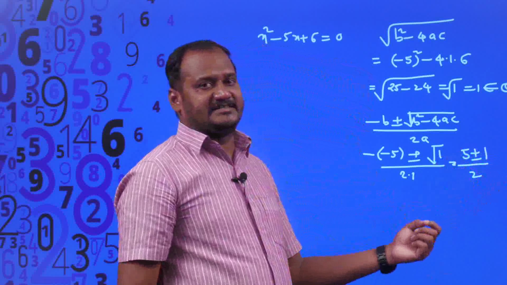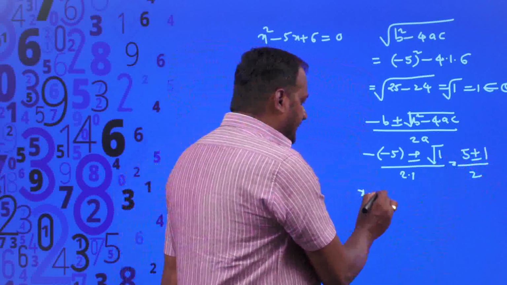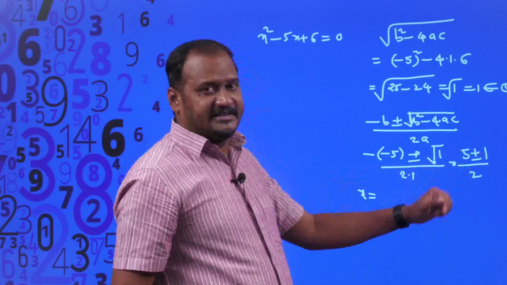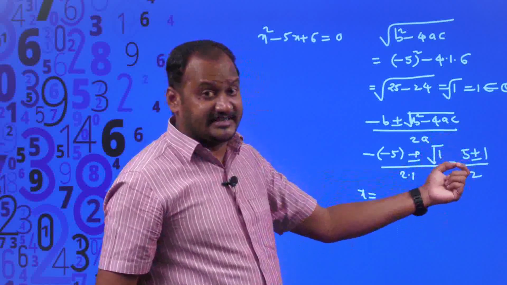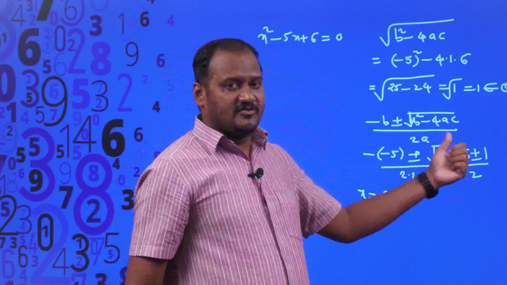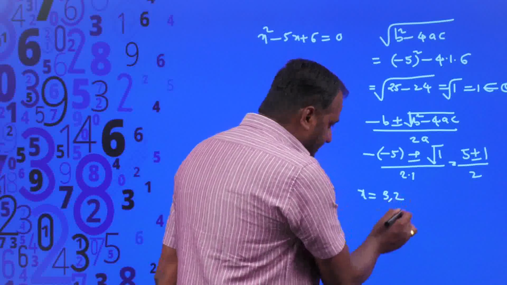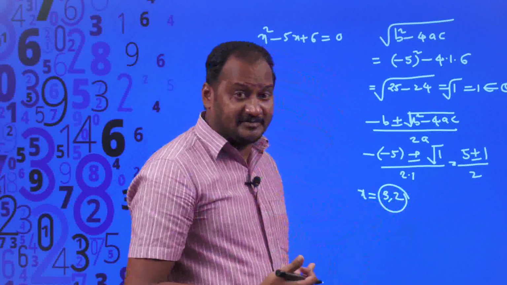So when you apply plus as well as minus for getting 2 roots, then the values of x are, when you use plus, 5 plus 1, 6 divided by 2 is equal to 3, and the other root is 5 minus 1 is equal to 4 divided by 2 is equal to 2. See, 3 and 2. What kind of numbers are these?